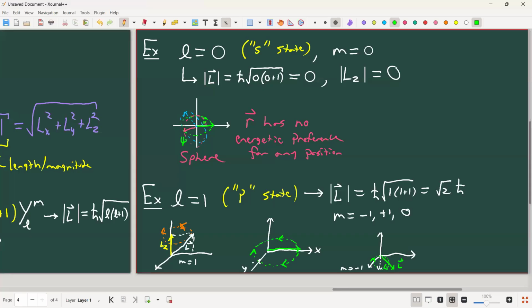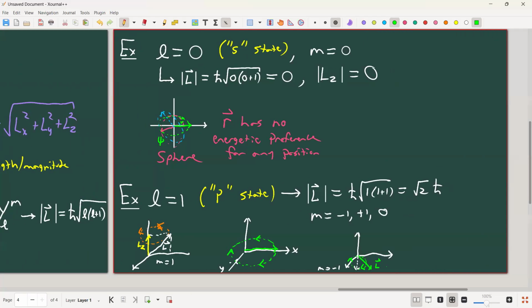So if the angular momentum is pointing in this direction, the electron is kind of precessing about the z-axis. This one is precessing in the xy plane. And this one is precessing now on the bottom axis, moving in the opposite direction as the M equals 1 state.